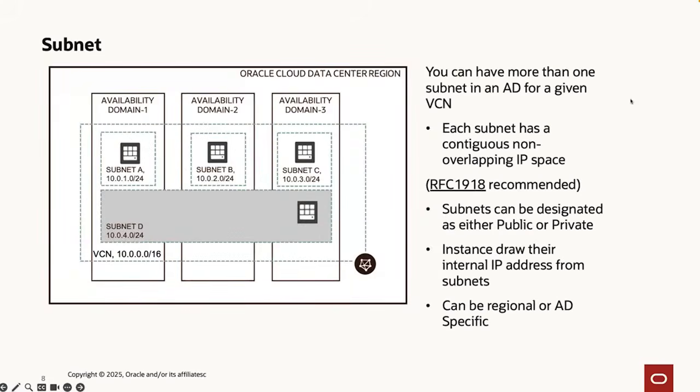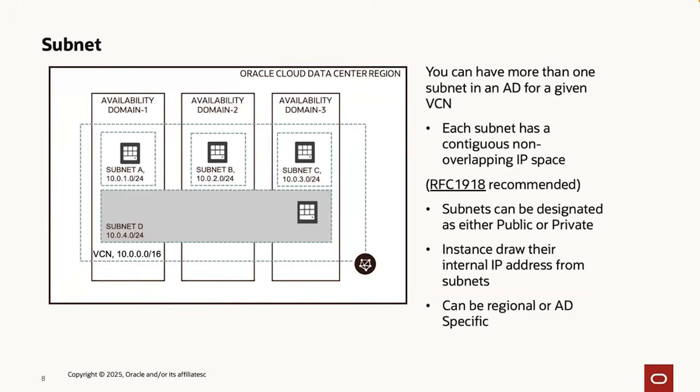Now, a subnet is a subdivision of a VCN. So you could see here that we have the VCN, this outer dotted rectangular box, and then the subnets are within the VCN. A subnet can be availability domain or region specific. Regional subnets are recommended.